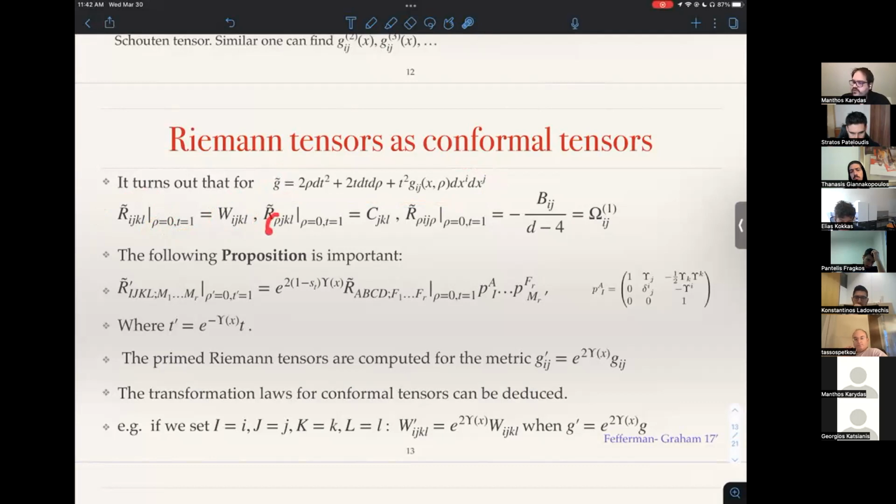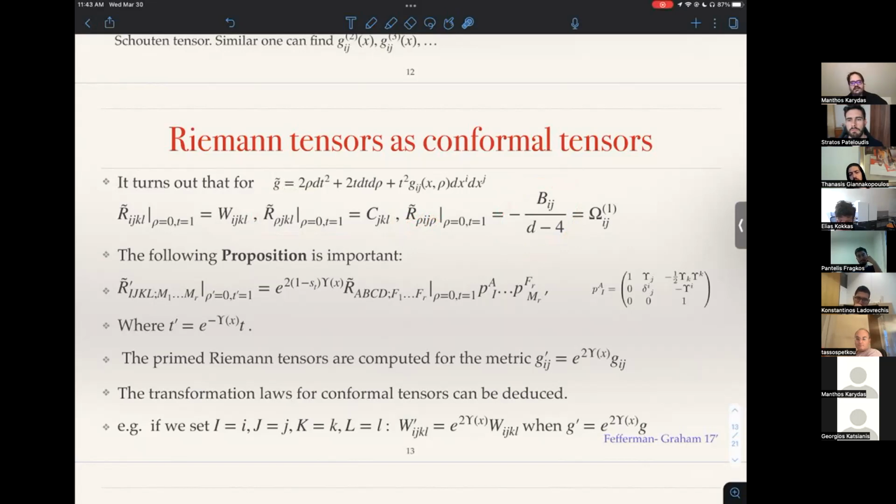If you take one of the components to be the rho direction of the ambient Riemann and the others JKL, which are the induced coordinates on the codimension 2 hypersurface, by the way, then it turns out this is just the Cotton tensor. And if you take 2 rho directions in the ambient Riemann and only I and J, and you pull it back, you get the Bach tensor, which is the 4D conformal tensor.